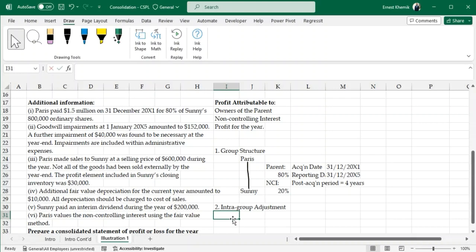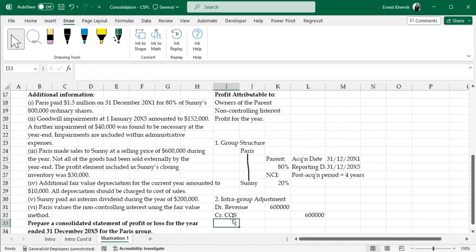So we are going to debit revenue with how much? 600,000, and then we will credit our cost of sales with how much? 600,000. So by doing this, we have eliminated our intra-group transaction.